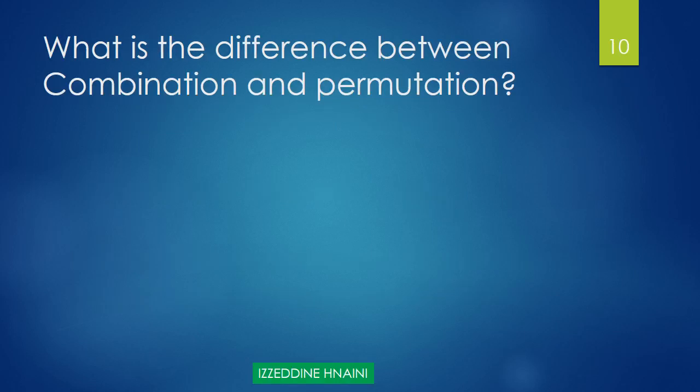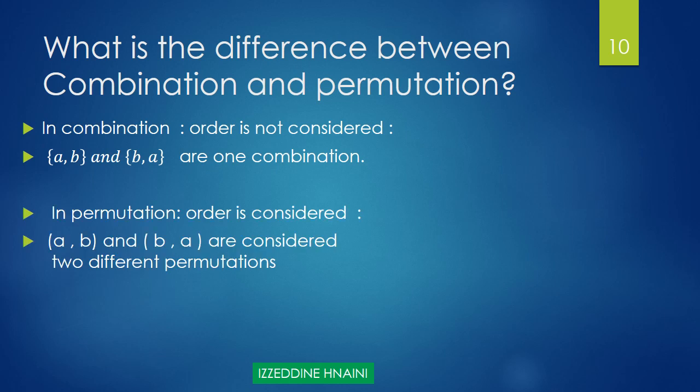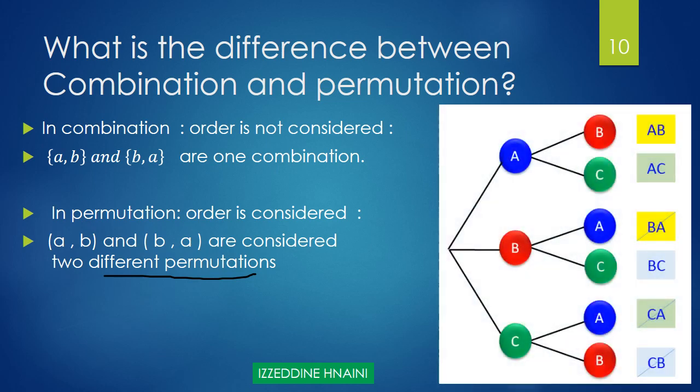So what is the difference between a combination and a permutation? In a combination, the order is not considered, the order is not important. So AB and BA are considered only one combination, while in a permutation the order is considered, so AB and BA are considered 2 different permutations. Look at this figure.